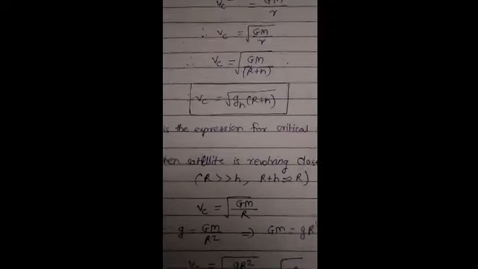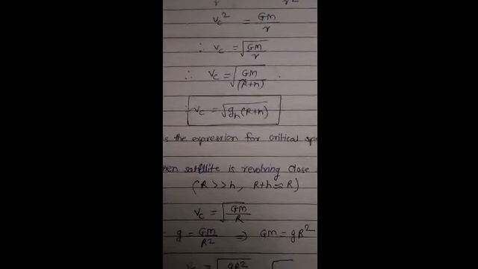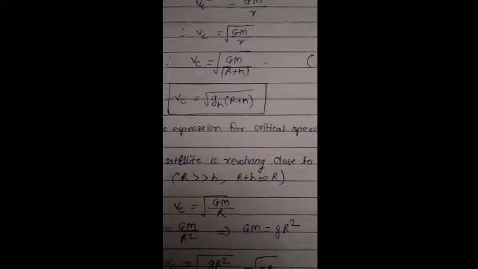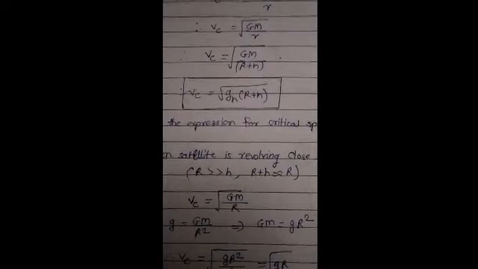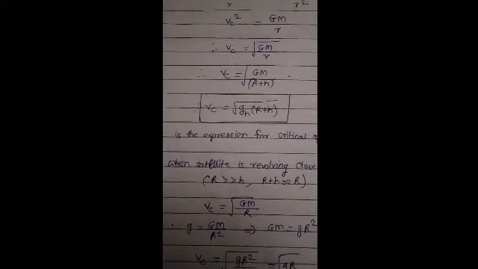So Vc is equal to square root of g R square upon R, which is square root of gR, because R square and R cancel out.